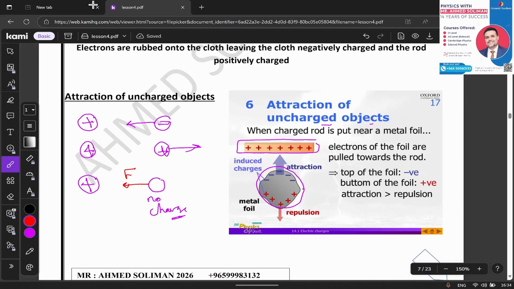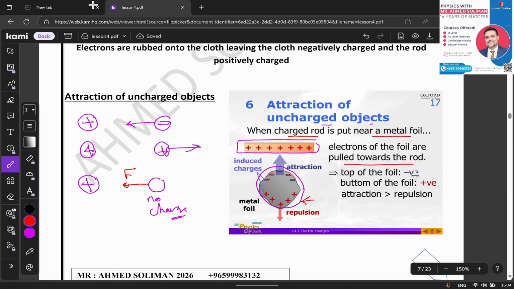Now, attraction of an uncharged object. As you see, when a charged rod is put near a metal foil, electrons of the foil are pulled toward the rod. So electrons are pulled to face the positively charged rod. So what happened at the bottom? Now it becomes positive.